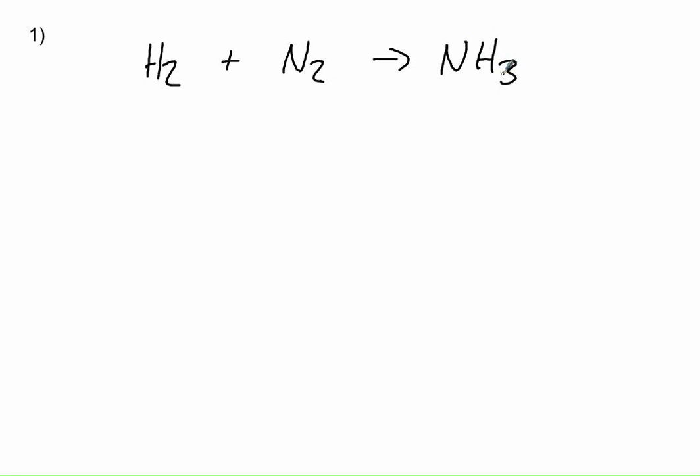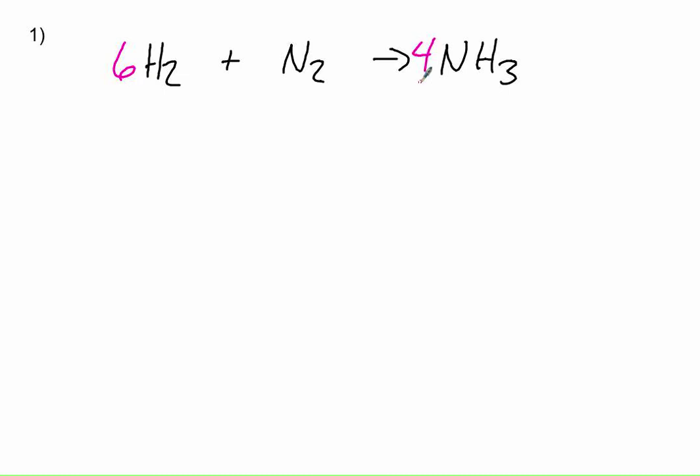And because of the way that they worded this, I think it would be easiest to go ahead and just balance it with 6 to start, because it told you you're going to have 6 moles of hydrogen. So this might not be the actual way to balance it, but it's a good way to get an answer for this problem. So if there's 6 of the diatomic hydrogens on the left, there's 12 hydrogens total.